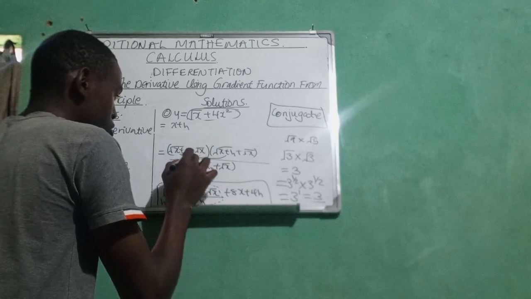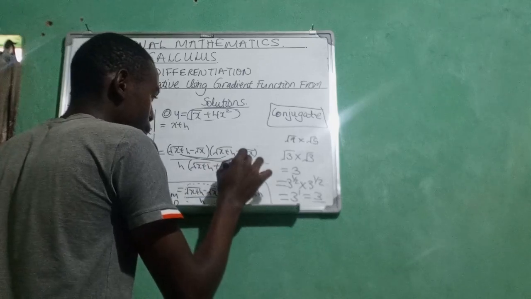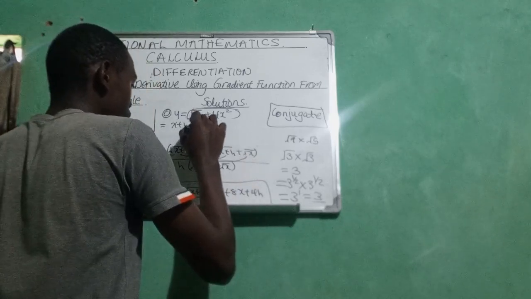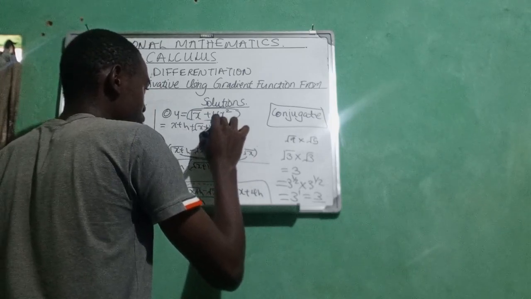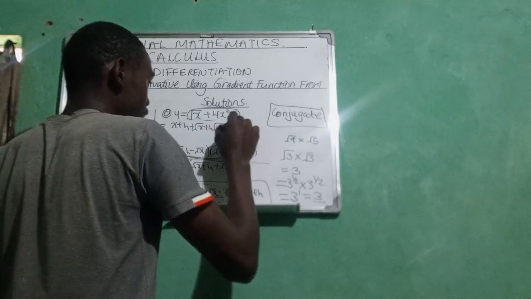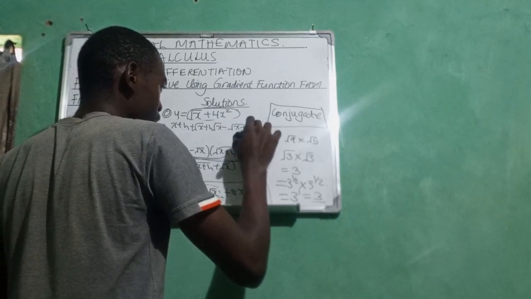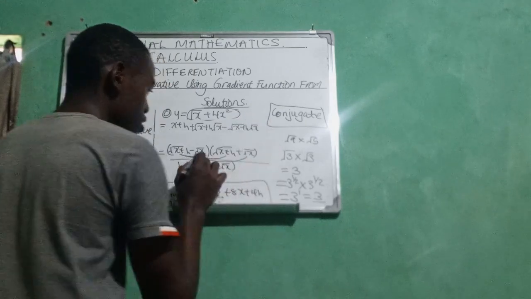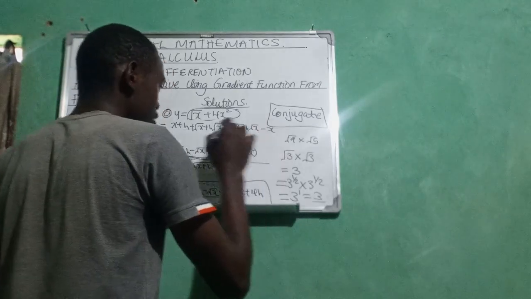Then this you multiply by here. So it will be plus square root of x plus h multiplied by square root of x, like that. Then you minus square root of x plus h multiplied by square root of x. Then square root of x multiplied by square root of x is minus x.